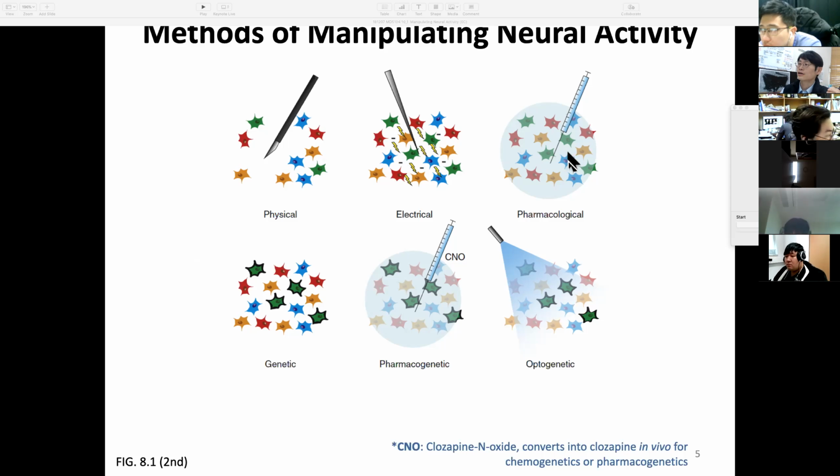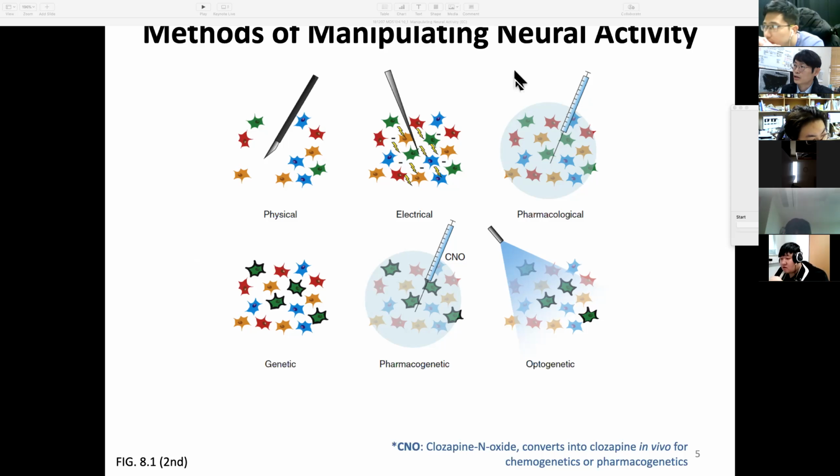On the other hand, you can consider sending a drug into the brain directly. It's pharmacological, either IV, direct injection, or intake. Pharmacological manipulation of neural activity is quite effective. In fact, many modern drugs use pharmacology.